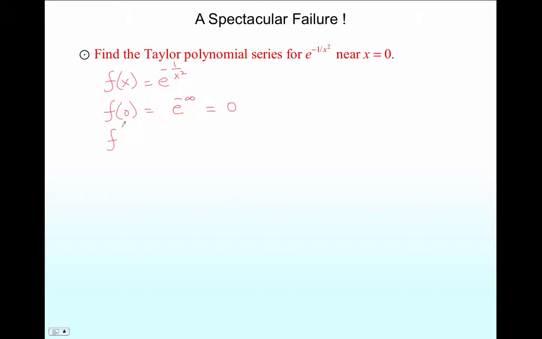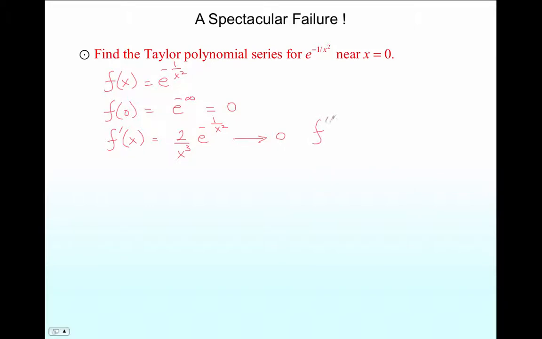Let's ask what the first derivative is, f prime of x. Well, if we differentiate the argument of the exponential, we get 2 over x cubed, and then the exponential again, e to the minus 1 over x squared. Now, as you make x smaller and smaller, certainly this factor over here, 2 over x cubed, becomes infinite, but this becomes 0 even faster, and if you take the limit, this goes to 0.